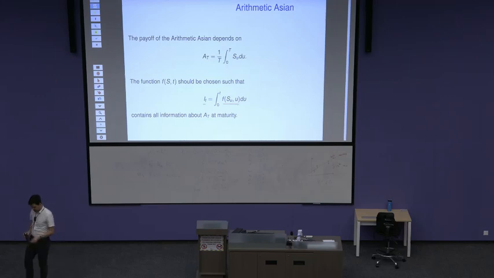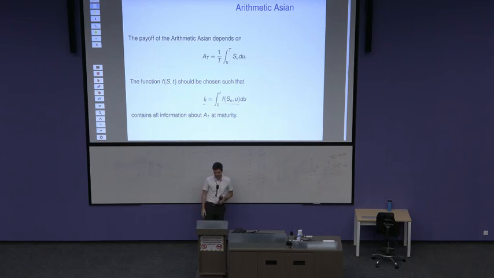So IT should fulfill two things. It should give us enough information at time small t, and in particular at the boundary condition, so this means at the time of the payoff, it should give us enough information to be able to define the payoff. So this should be some random variable from which I can infer the payoff of the option, because I need to be able to define the boundary conditions in the end.